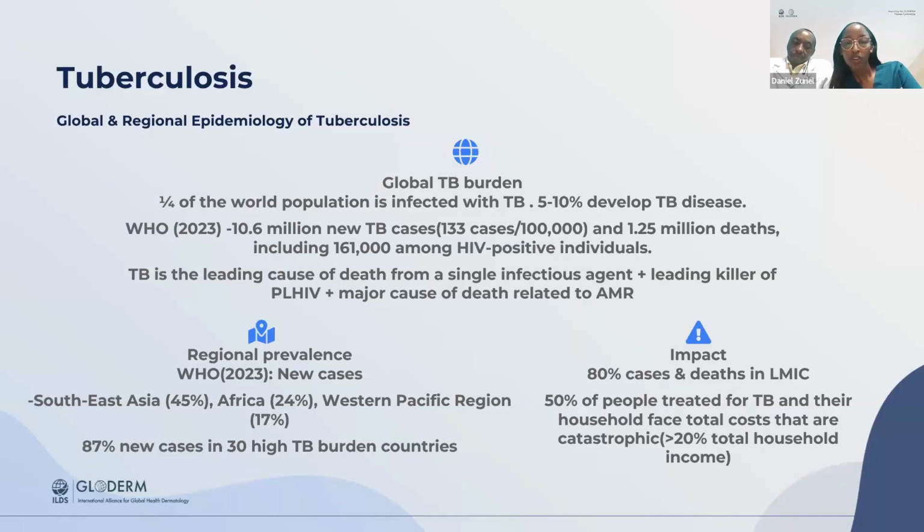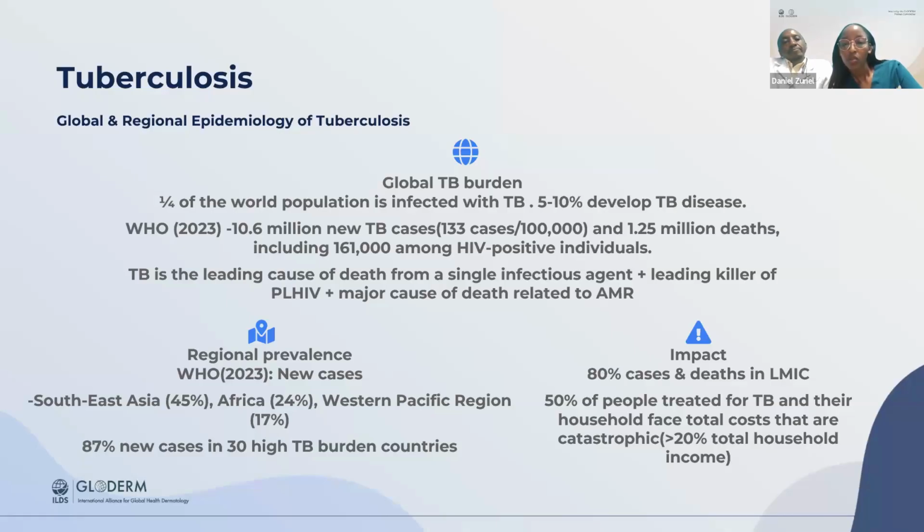When we look at the global prevalence of tuberculosis, Southeast Asia made up 45% of all the new cases identified in 2023, followed by Africa and the West Pacific region at 17%, and 30 specific countries were found to carry 87% of the burden of all the new cases identified.